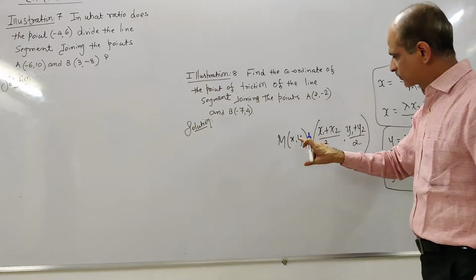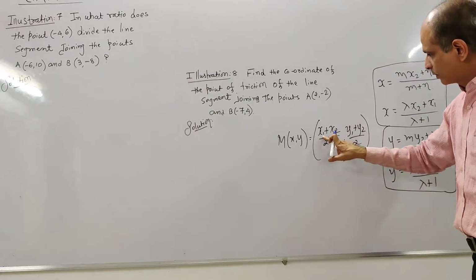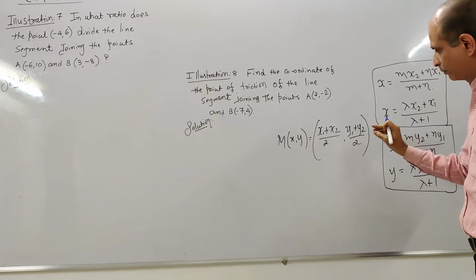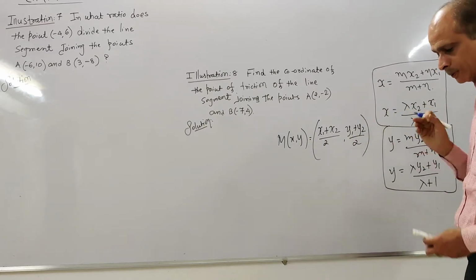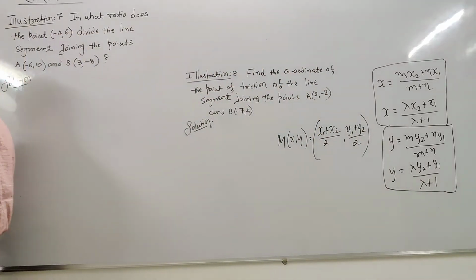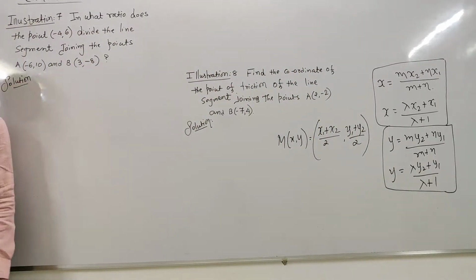You can also write x is equal to (x1 + x2) by 2 as well as y is equal to (y1 + y2) by 2. So this is regarding the section formula as well as the midpoint formula.